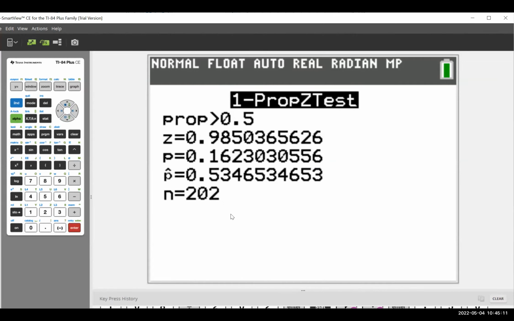Okay, and I think we're ready to calculate. All right, our p-value is 0.1623.